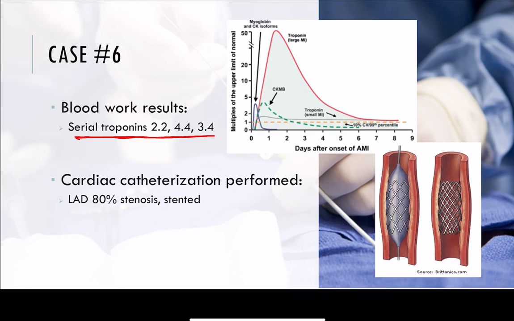They deflate the balloon and pull it out, and then the stent is left behind. This wire mesh to help keep that blood vessel open is left behind. So they basically take the atherosclerosis, smash it into the walls to try to recreate as much diameter of the vessel as they can, and then they leave the cage in to help keep it open once they leave.